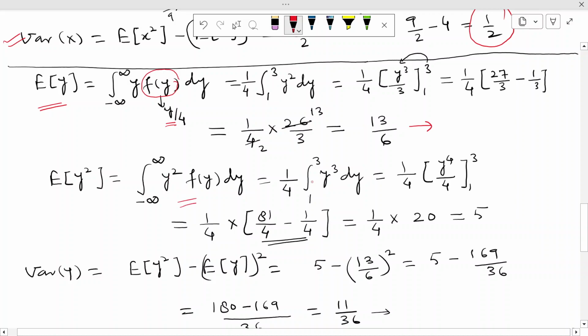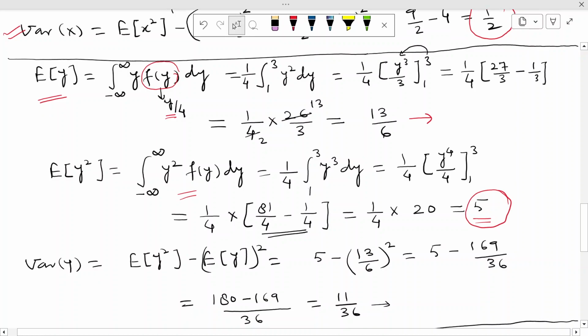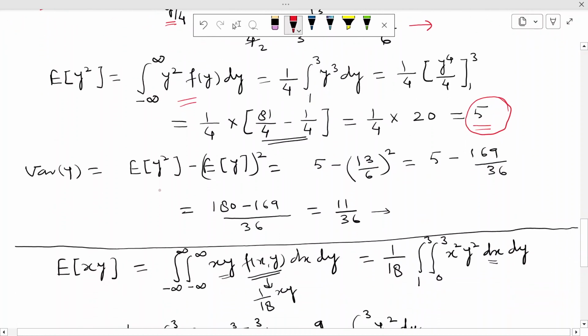This is the definition. Because our limits for y are 1 to 3, we have the limits 1 to 3 here, and y square multiplied by fy gives us y cube, and we take this 1 by 4 outside. After performing this integral, we obtain the expectation of y square as 5. Now we obtain the variance of y using these expectations of y and y square. So the variance of y is coming out as 11 by 36.